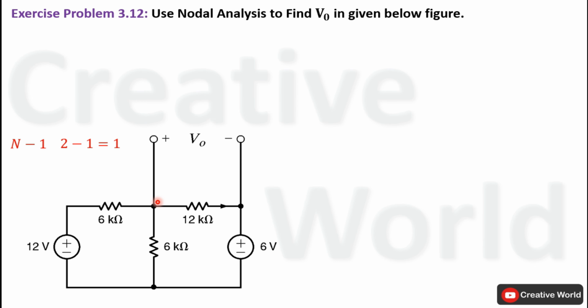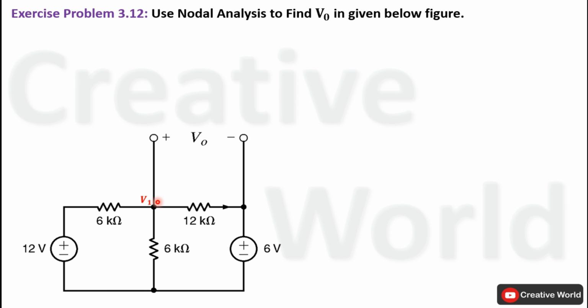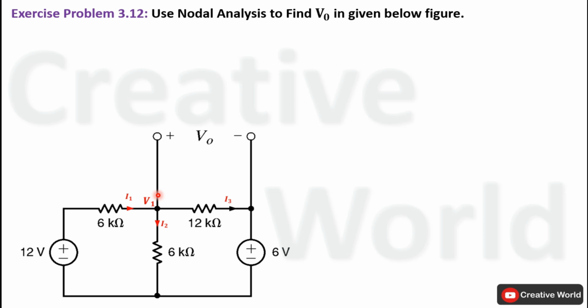In second step, label all unknown non-reference node voltage. In this case, this non-reference node voltage will be labeled as V1. In third step, we have to assume all unknown branch currents along with their directions. Direction of current through this 12 kilo ohm resistance was already given in this scenario, flowing from node 1 to 6 volt source.